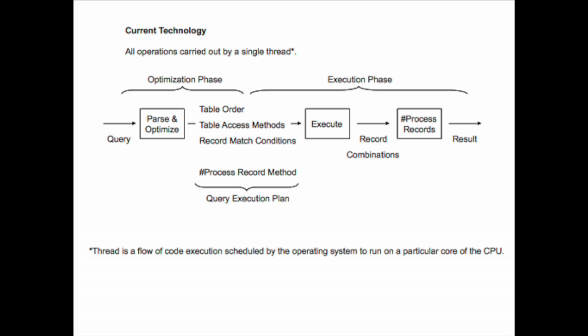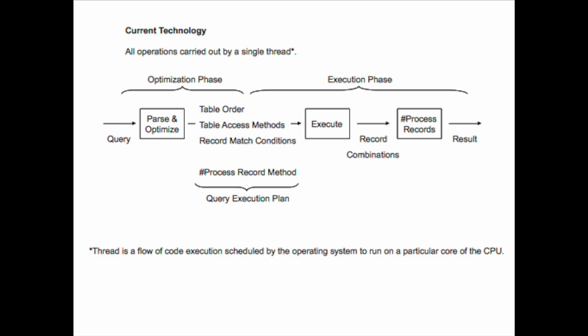Then the output stage is how to process the record. So the query goes into the parser, you produce the query execution plan, then it goes to the execution phase, you execute, and whatever the output is, it's basically a combination of records from each table. That gets either sent to the client or maybe written to a table or whatever.